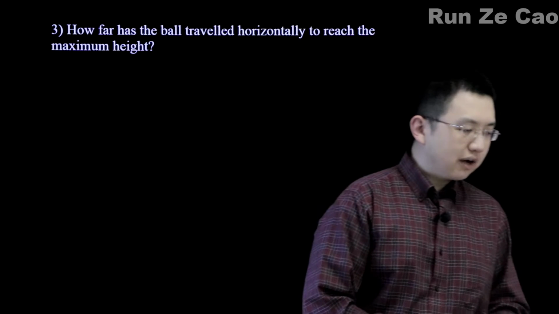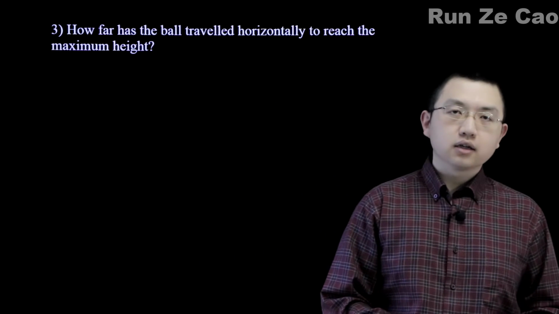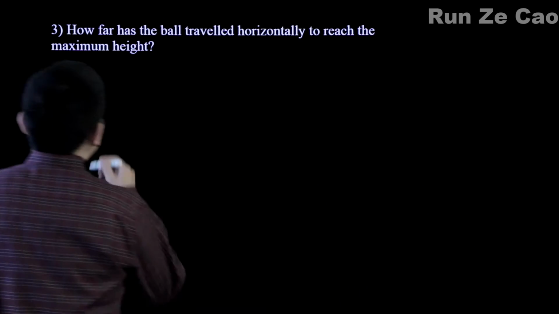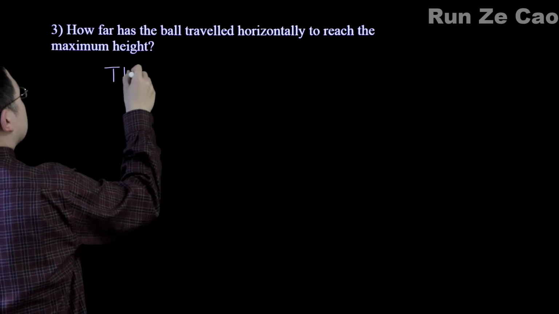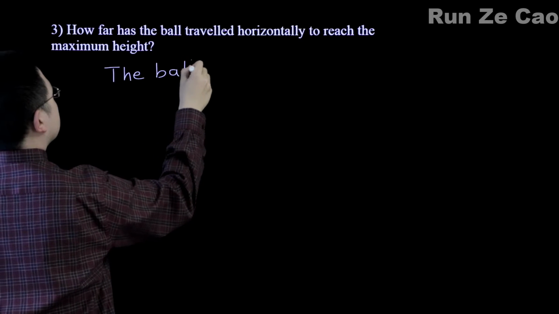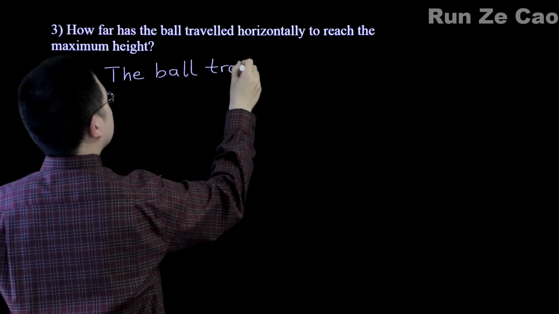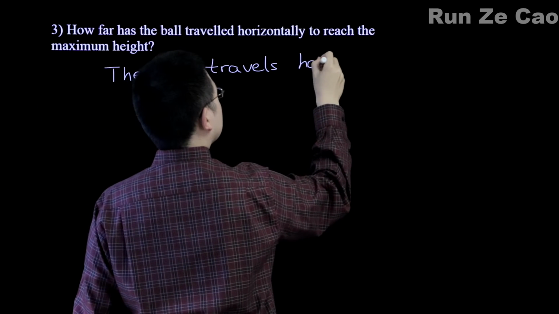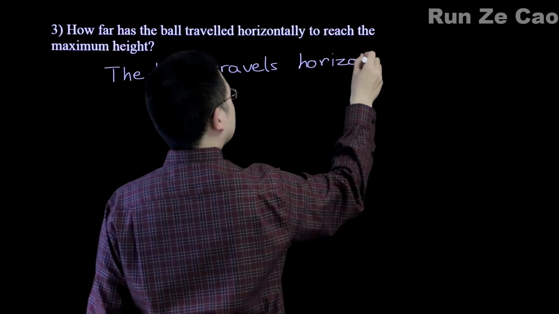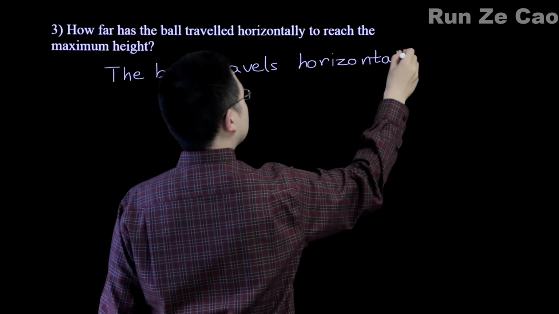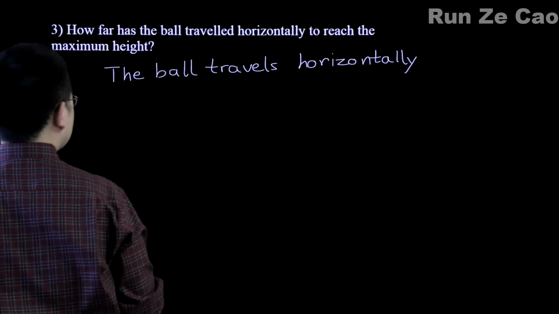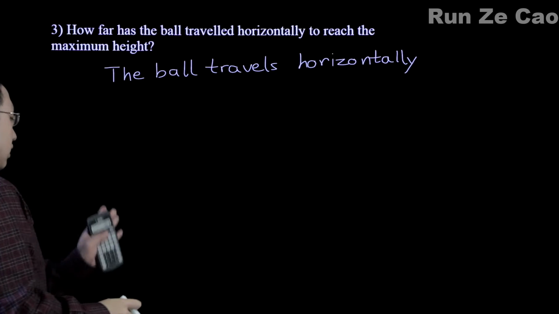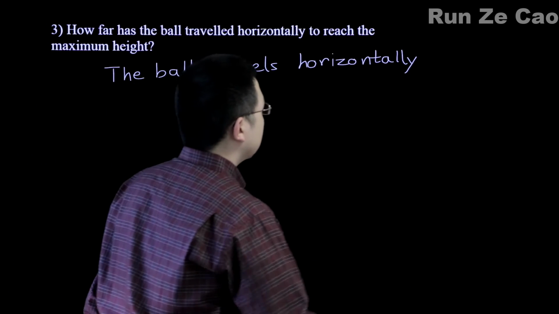Now, how far has the ball traveled horizontally to reach the maximum height? Well, because its parabola is symmetric, the ball travels horizontally a distance of, well, we know that it started at 0 and landed at 32 meters.